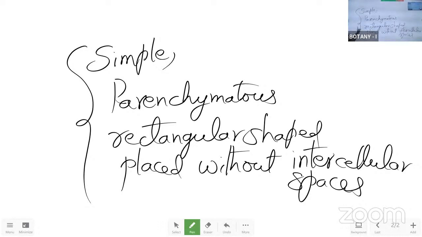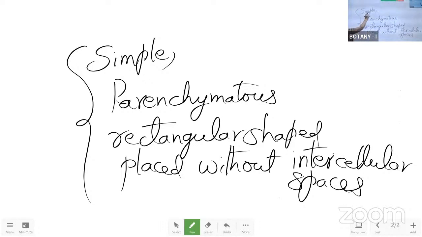Remember the order; the same order we have to use for the other wall layers also. But there the size matters. Here we are not describing the size, but the same words, same pattern, same thing we have to use for the 4 layers of the anther wall.